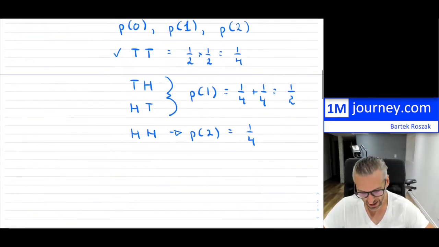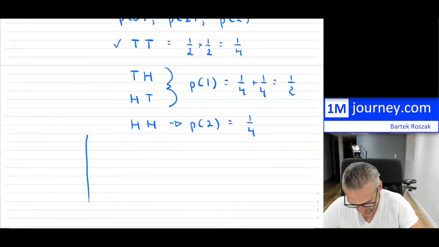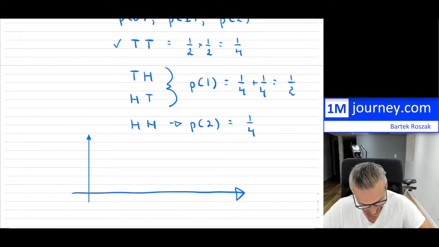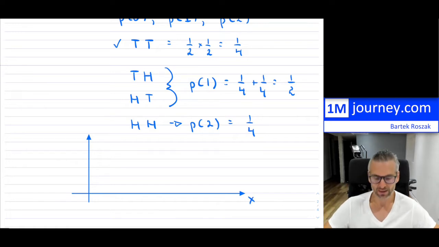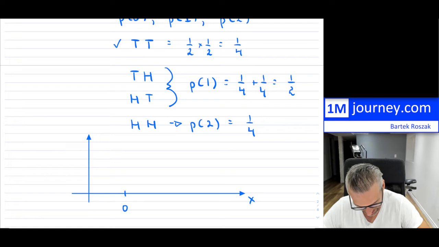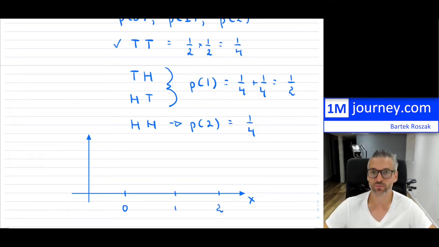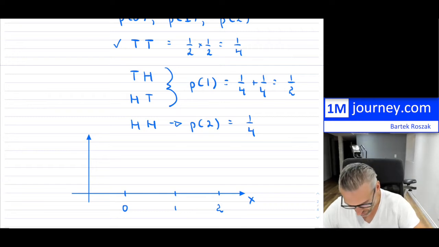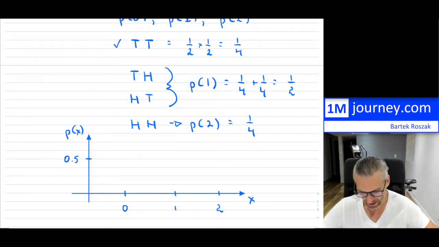And now the binomial distribution. If I graph this out again, my random variable x is the number of successes that I had. So I either had 0 successes, 1 success, or 2 successes, right? The highest one here is 0.5 in terms of my probability, so this is P(x).